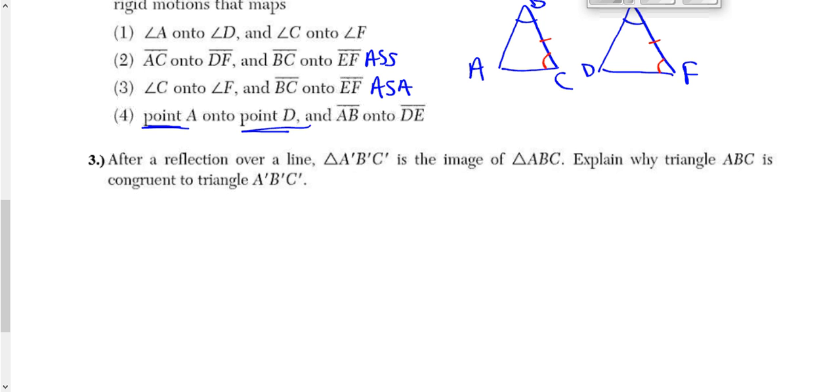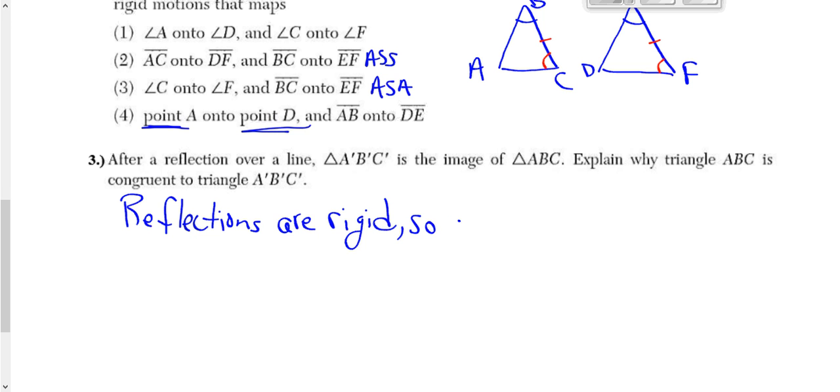Okay, so first of all, did you say that reflections are rigid motions? Yep, so reflections are rigid, or isometric, doesn't matter. So all corresponding sides, not just all sides, right? You'll miss points for that.